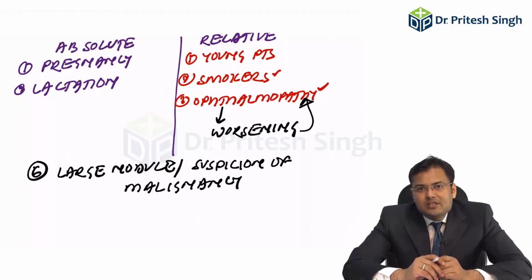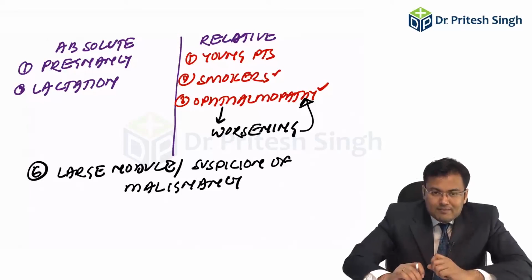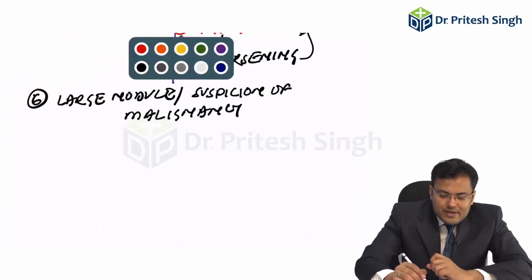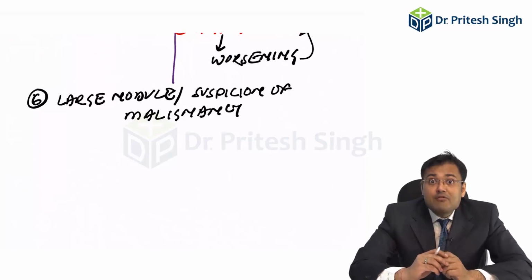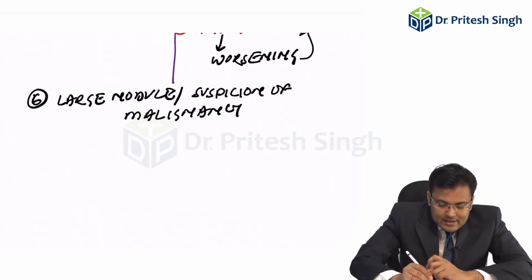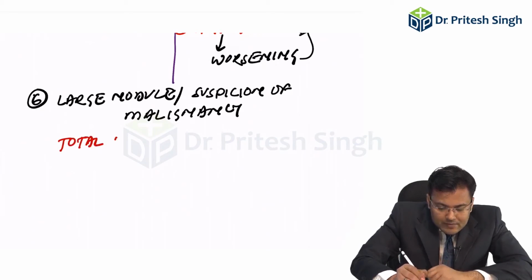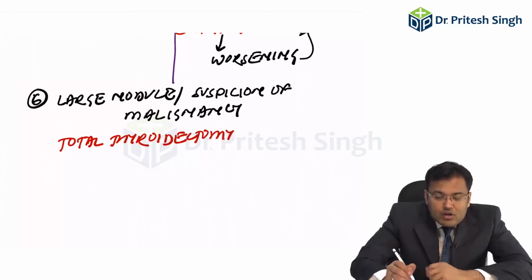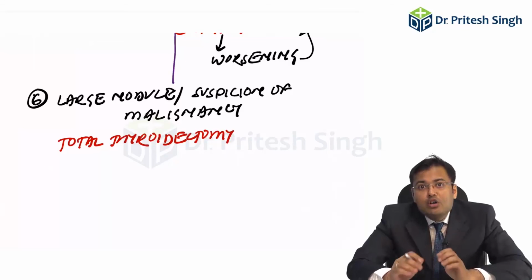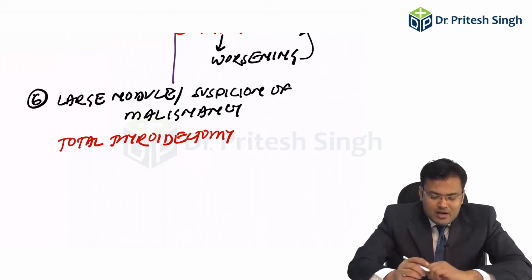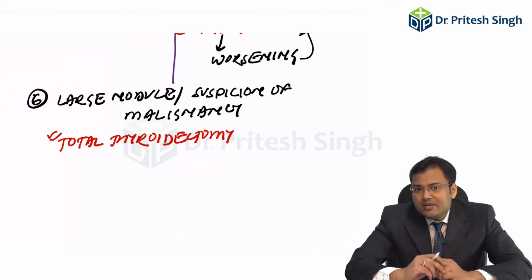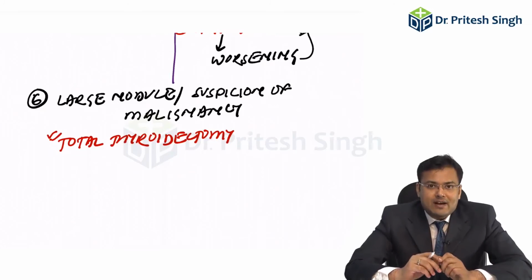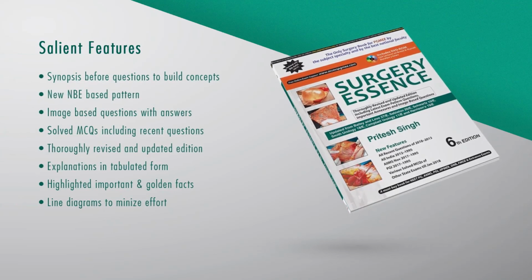Pregnancy, lactation, young patients, smokers, ophthalmopathy, and large nodule or suspicion of malignancy. So you tell me, what's the treatment of choice for Graves' disease? Obviously it's total thyroidectomy. Why? Because it is diffuse toxic goiter involving almost the whole thyroid gland. So the preferred treatment, or the treatment of choice, is total thyroidectomy.